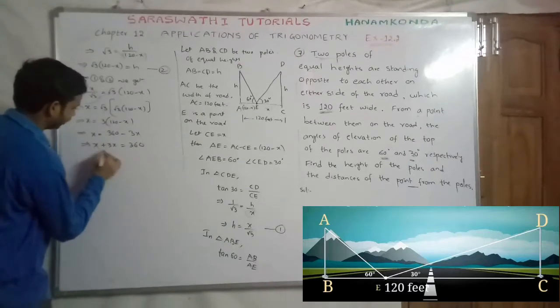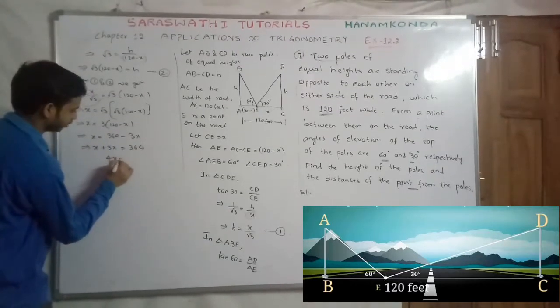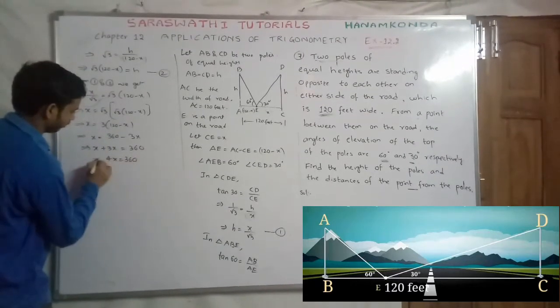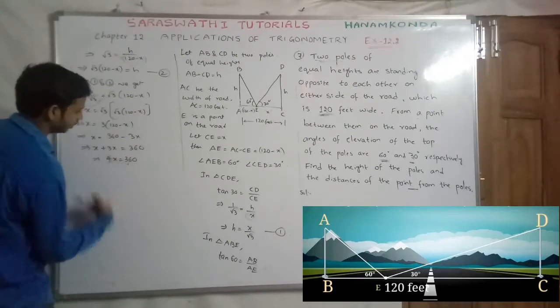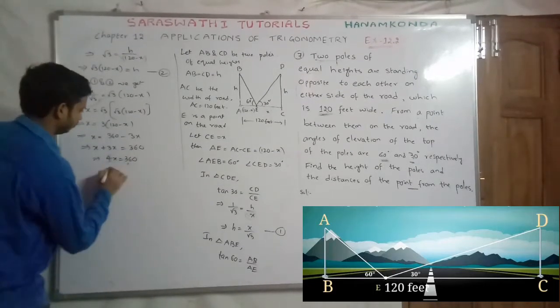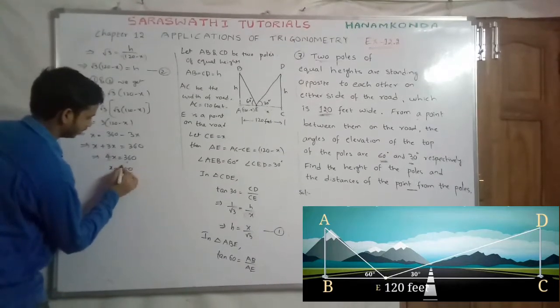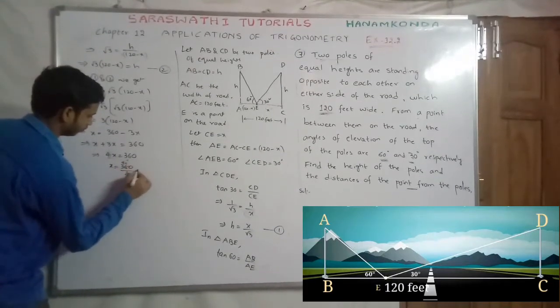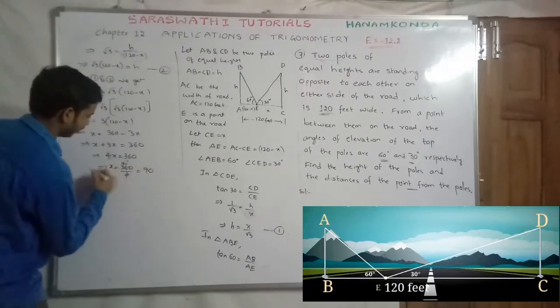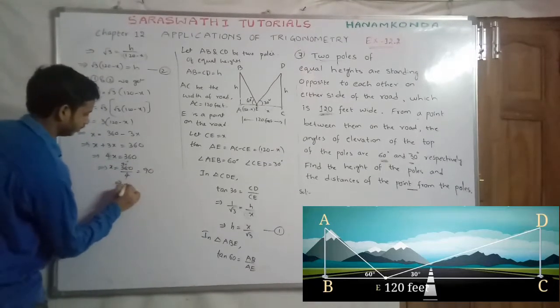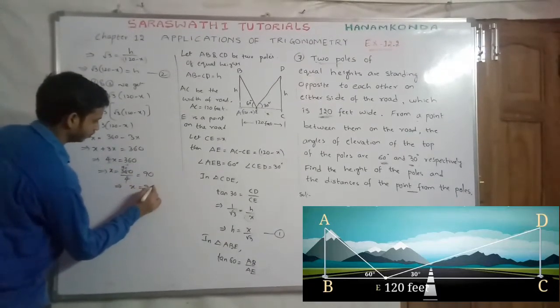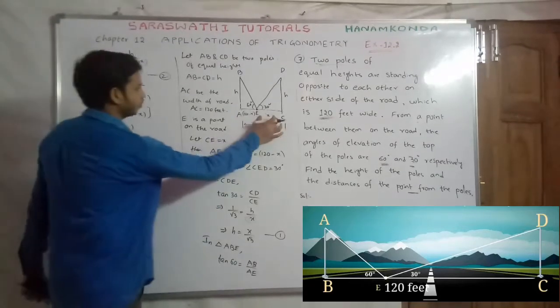It implies that X plus 3X is 4X. 4X equals 360. This 4 gets divided with the right side term, that means X equals 360 by 4, which is 90. So X equals 90.